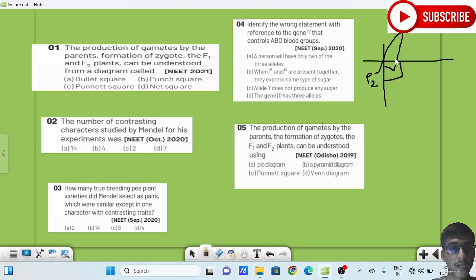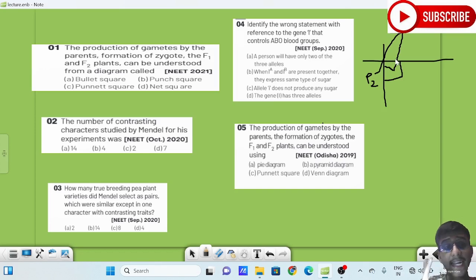Now question number 3. How many true breeding pea plant varieties did Mendel select as pairs, which were similar except in one character with contrasting trait? Please read it once more.